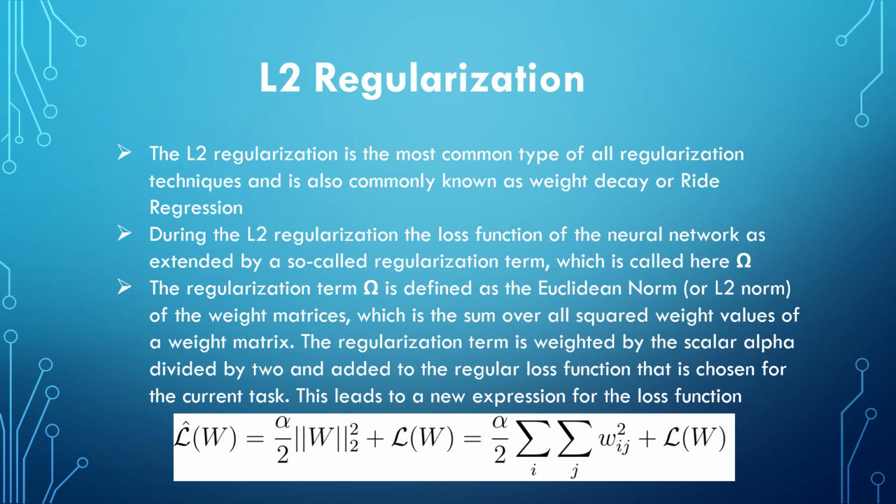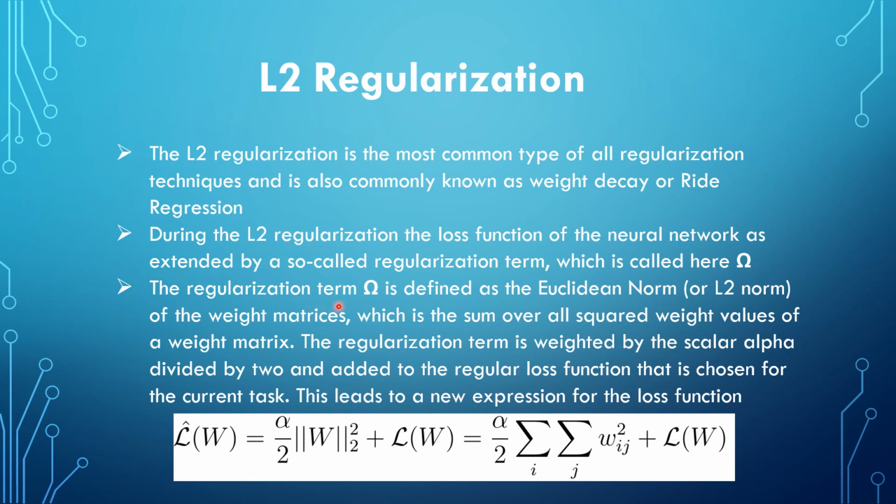L2 regularization is the most common type of regularization technique and is also commonly known as weight decay or ridge regression. During L2 regularization, the loss function of the neural network is extended by a so-called regularization term, called here omega.